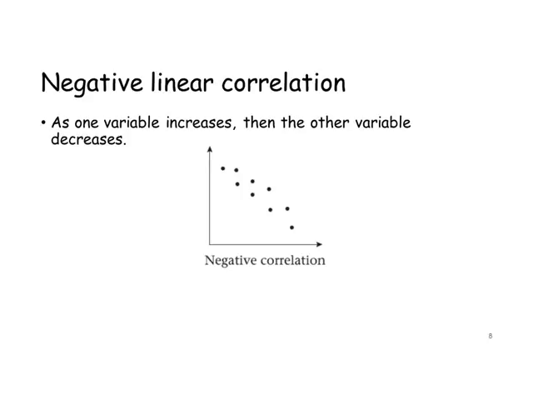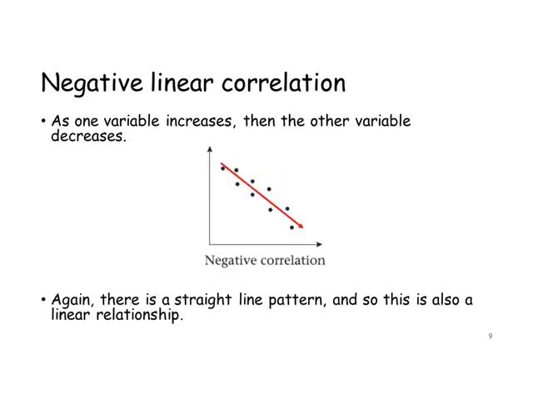Next, we have negative linear correlation, and this is where one variable increases, the other variable decreases. So let's compare 2 points again. If we consider, say, that point and that point, we can see that the horizontal variable has increased, but the vertical variable has decreased, and this is negative correlation.